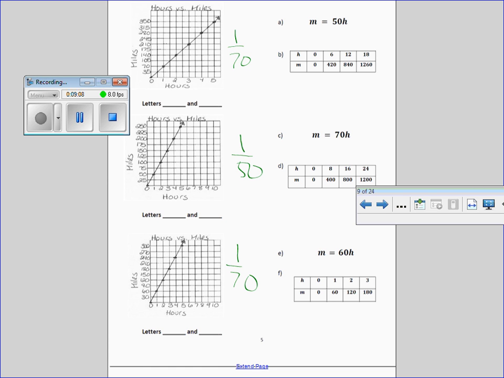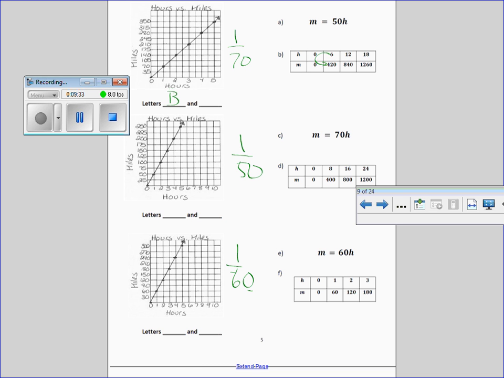All right, now let's do the matching. Let's match it up. Which ratio table matches up with a 1 to 70 ratio? Kaylee. B. Because 6 times 70 is 420.